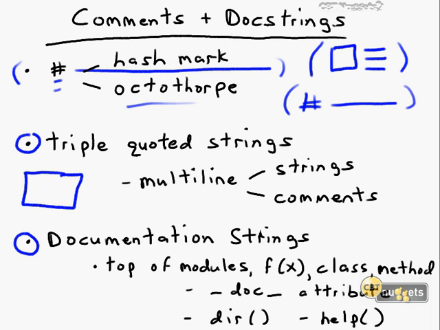Documentation strings are a really neat feature of Python that involves the triple quoted string. The bottom line is, if you add as the very first statement in your, let's say, function or a class or a method, or most commonly in a module, the very first thing being your comment information, in particular a triple quoted string comment, then you can actually query that module, function, class, or method to retrieve the documentation string.